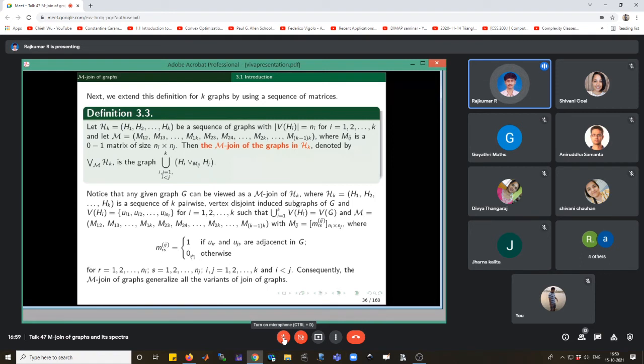The (r, s) entry of the ijth matrix is 1 if u_ir and u_js are adjacent in G, and 0 otherwise, for each r and s. Then this M-join of H_k will produce the given graph.